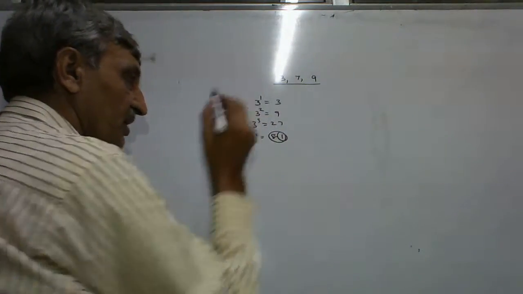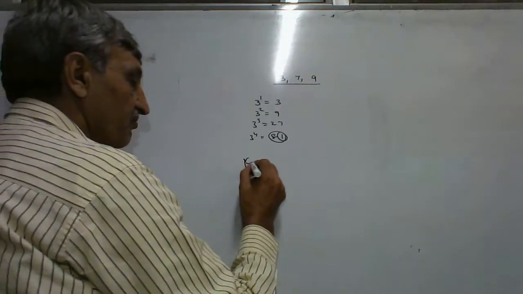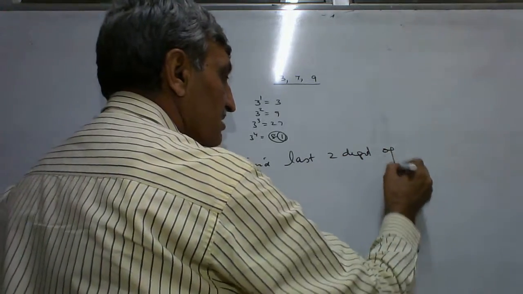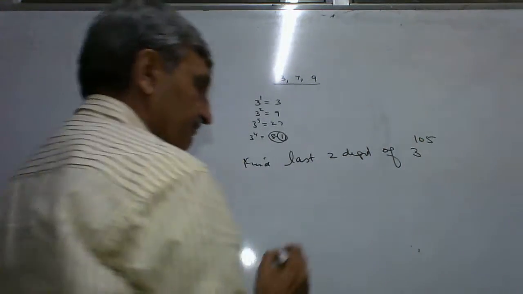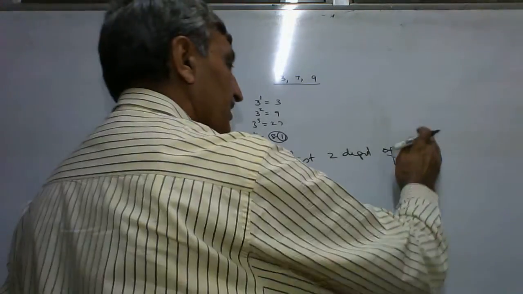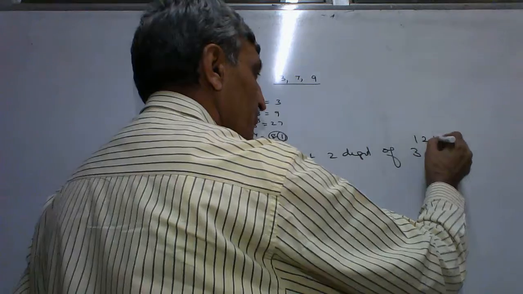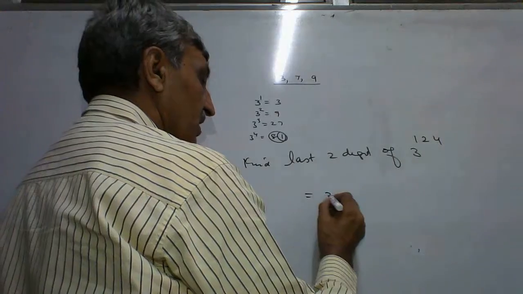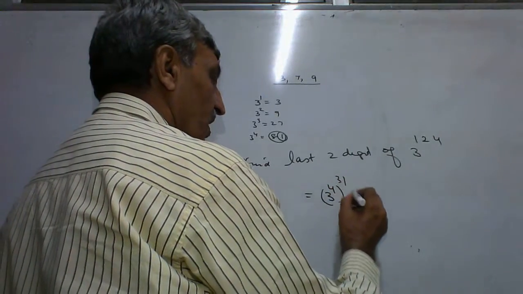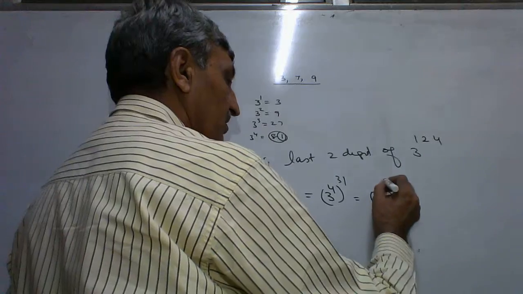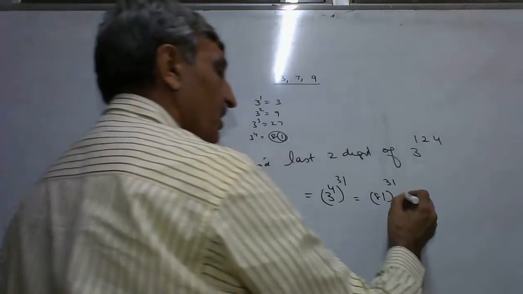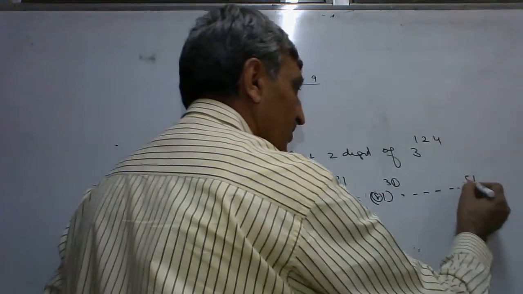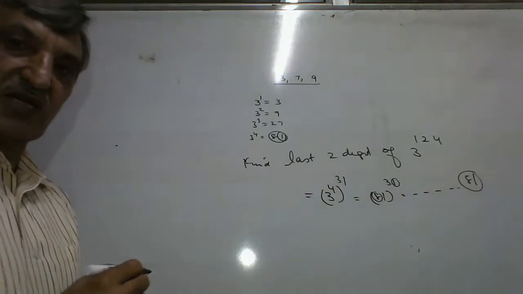Suppose I want to find the last two digits of 3 raised to the power 124. First, a simple case: I convert it to 3 raised to the power 4, raised to the power 31. This is equal to 81 raised to the power 31. Applying the earlier rule, the last two digits will be 1 and 8 multiplied by 1, which is equal to 81.